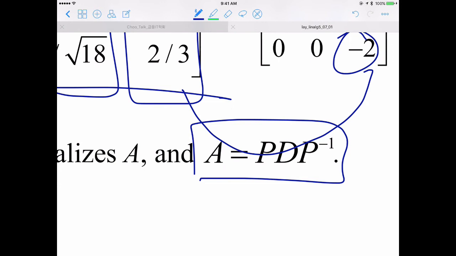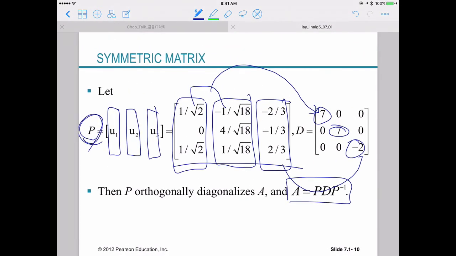But here, your matrix P has orthonormal columns, right? And so P transpose times P will be the identity matrix, and thus this will be P inverse. So from here, we can say that the inverse of this is its transpose.